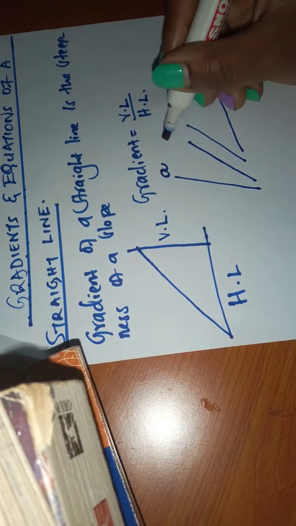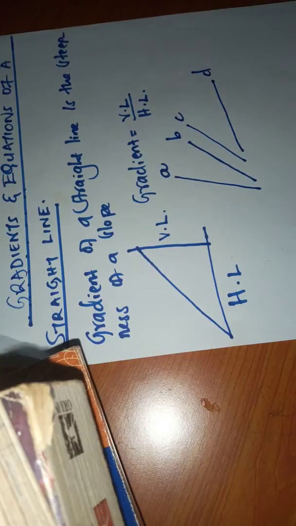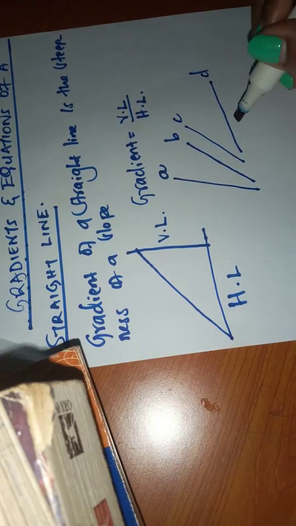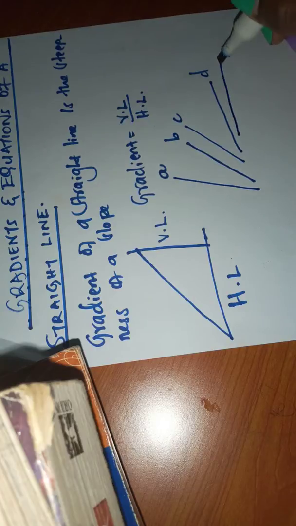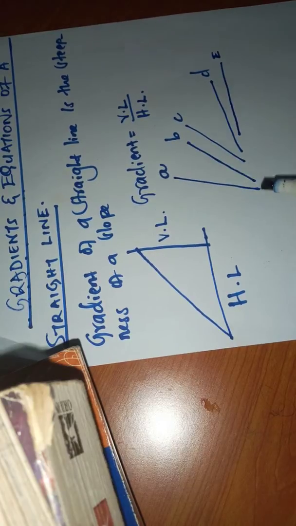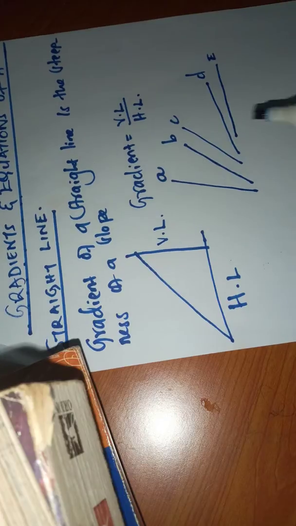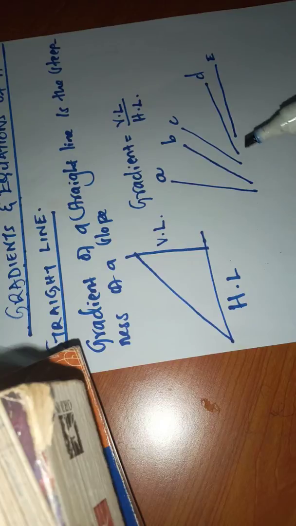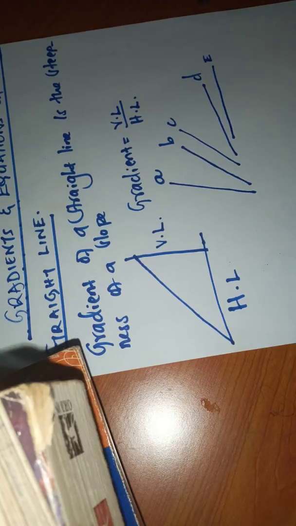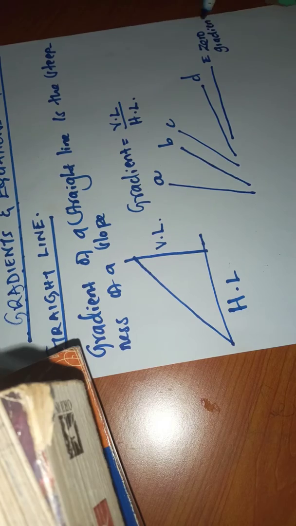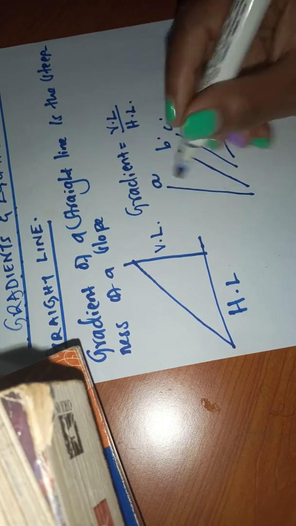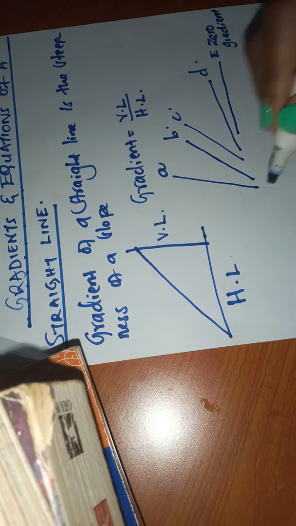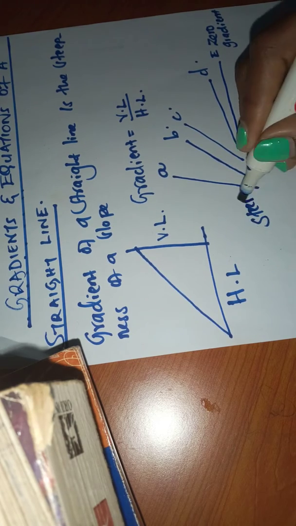So if I take slopes A, B, C, D, and also let me include an E, this slope A is steep, this one is a bit relaxed and friendly, this one is almost no slope, and this one has no slope. So I'll say this is 0 gradient. And here I have other slopes, and this one is the steepest of all. So this one is very steep.